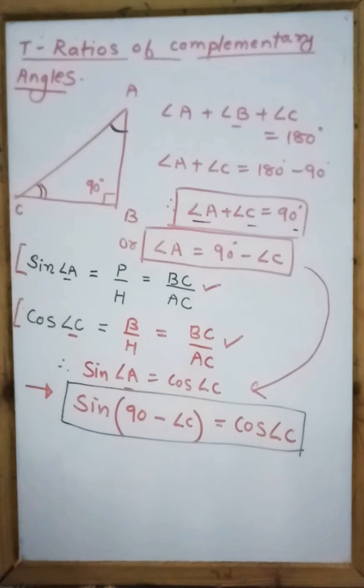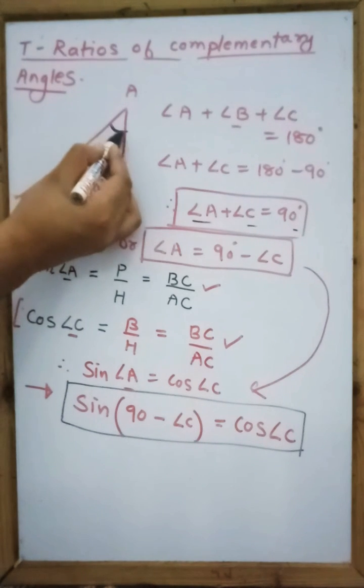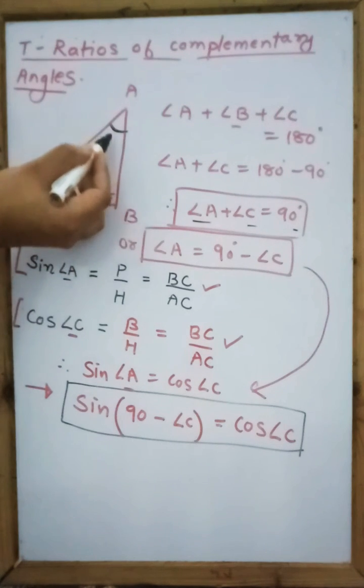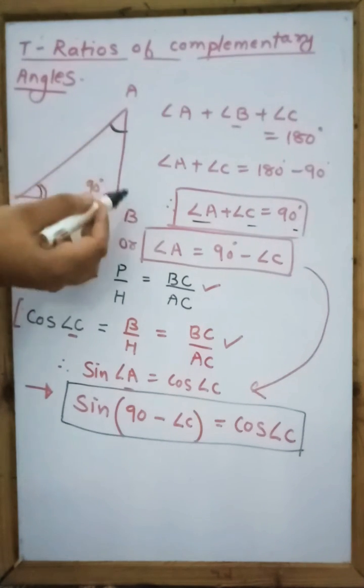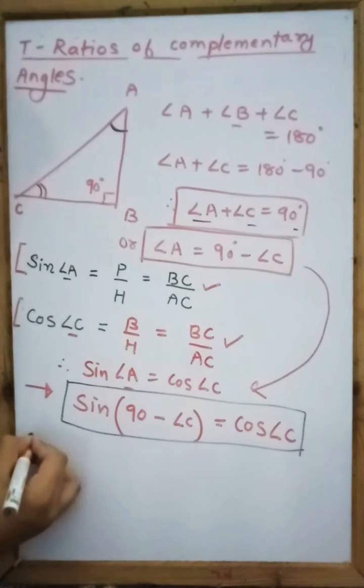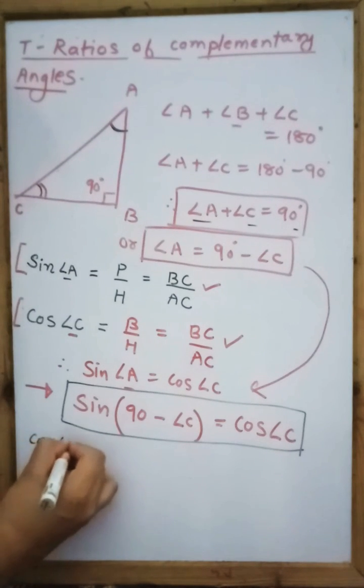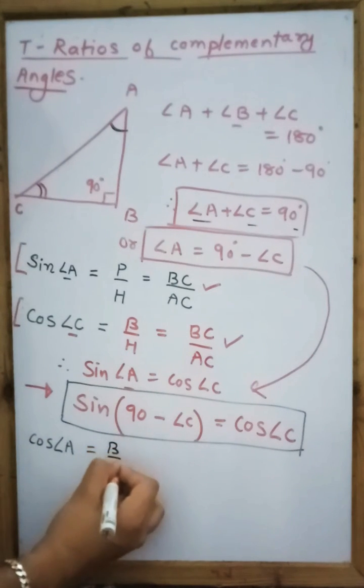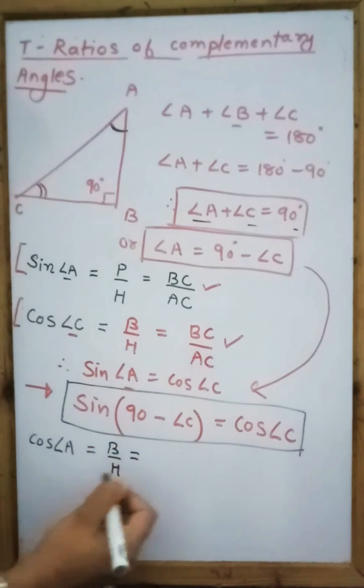Now in the same way, if I ask you what is the value of cos A, then cos A will be base upon hypotenuse, and for A, the base will be AB.